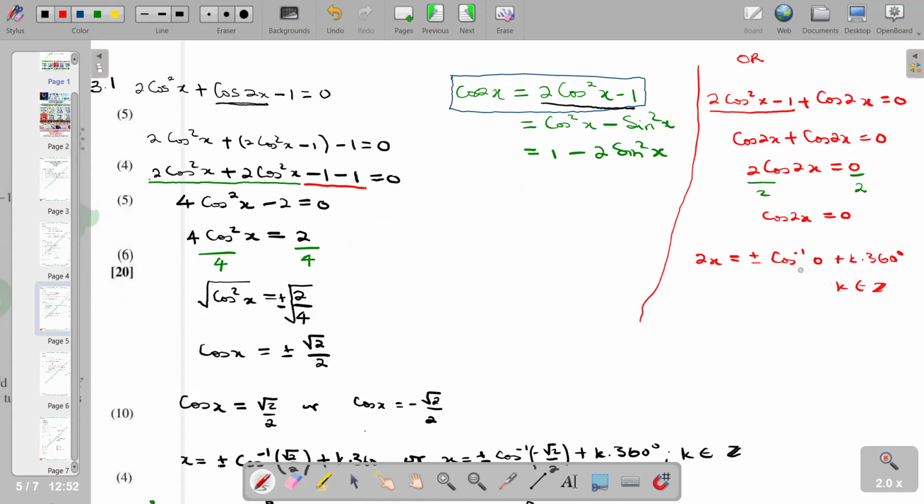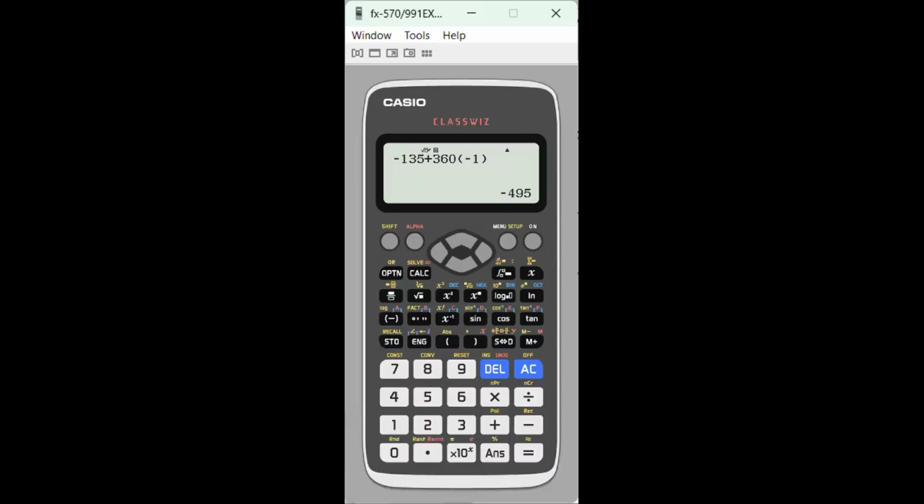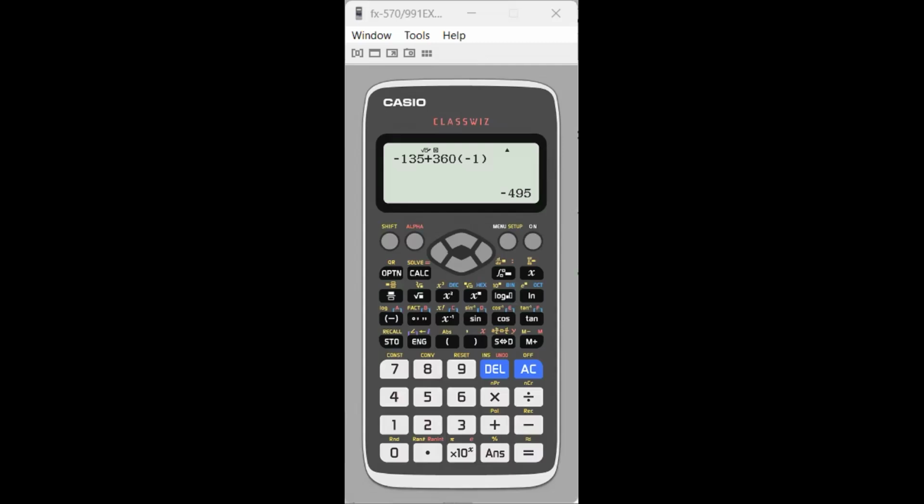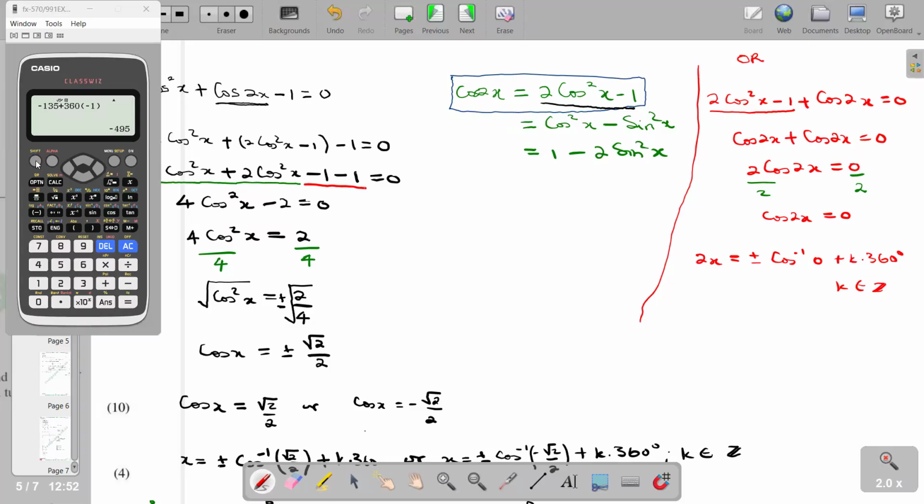So when you use the calculator, cos inverse 0 means we are going to have shift cos 0 equal to 90 degrees.